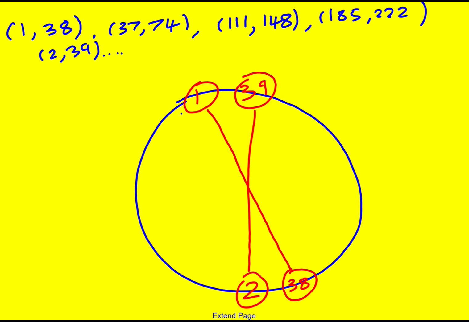Okay, these two add to 40. Remember, they don't all have to add to the same sum, but you can see because we've got this difference of 37 for both, then it's going to work. What if we put 3 and 40 in? So if we put it to the right of 39, then we're going to have to put the smaller number in. And then 40 would go here.